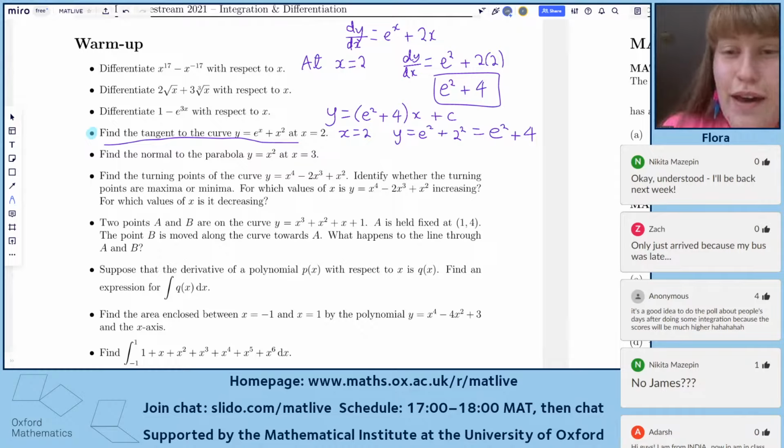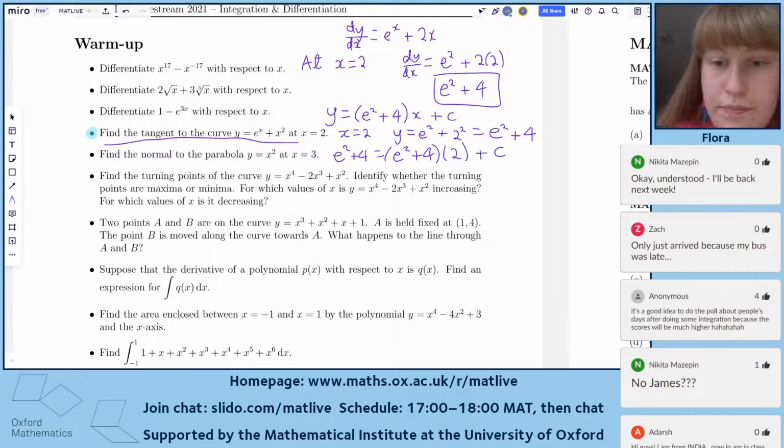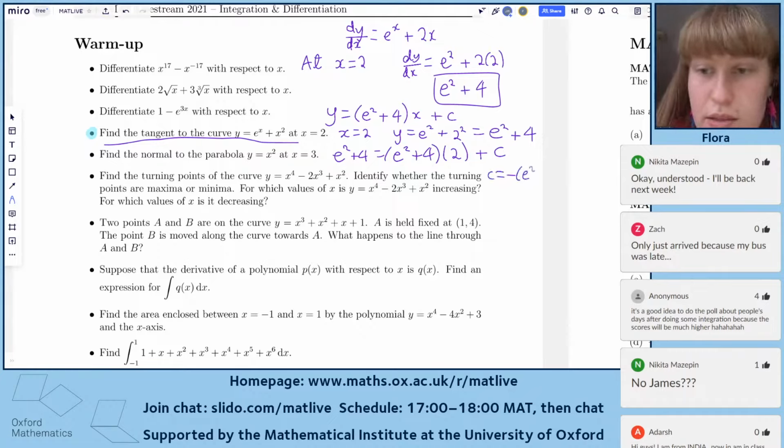I'm going to say, okay, so when x is 2, y is e squared plus 4. So e squared plus 4 equals e squared plus 4 times 2 plus c. So if I rearrange that for c, I'm going to take away 2 times e squared plus 4 from both sides, and I end up with c equals minus e squared plus 4.